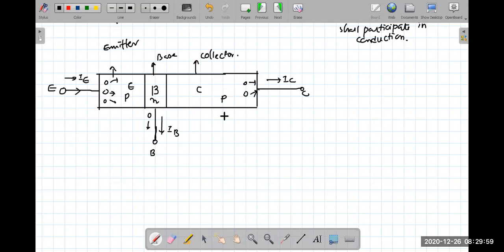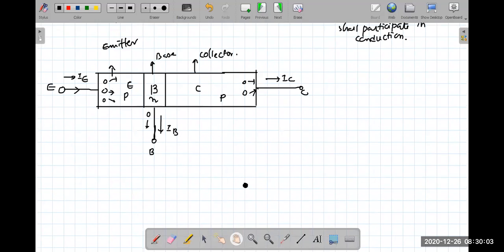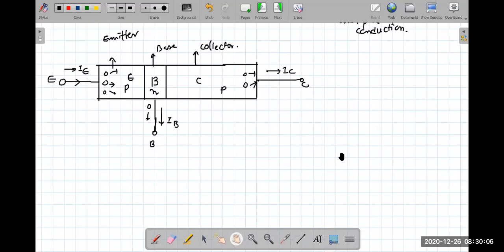So base is there in the middle. You see, what is happening over here? Let's talk about the unequal dimensions. Usually the base is very thin. So if the total length is 150 mm, the thickness of this base is just 1 mm. That much huge variation there will be.